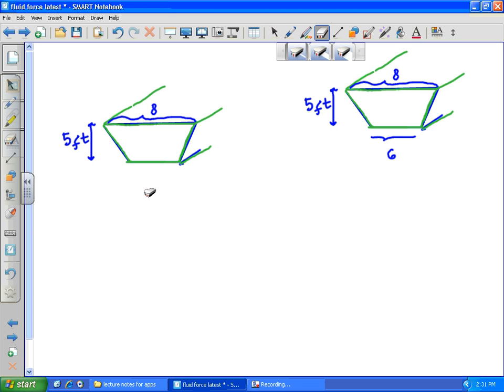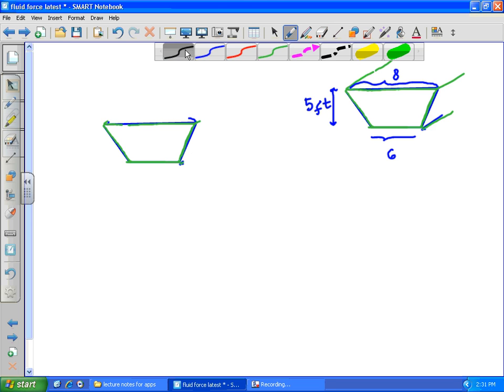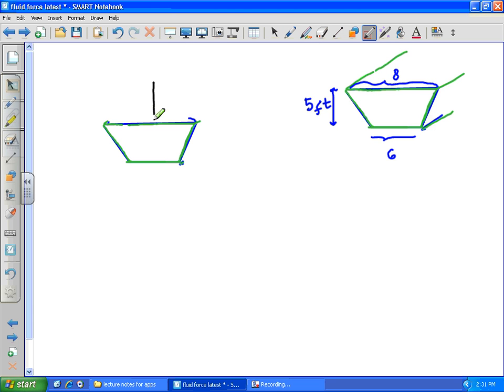First, I'm going to clean it up a little bit. Okay, so I'm going to place my center. I don't even need any of this.